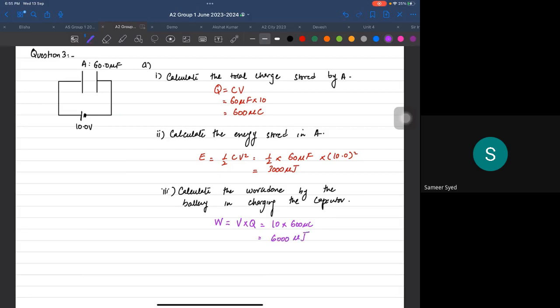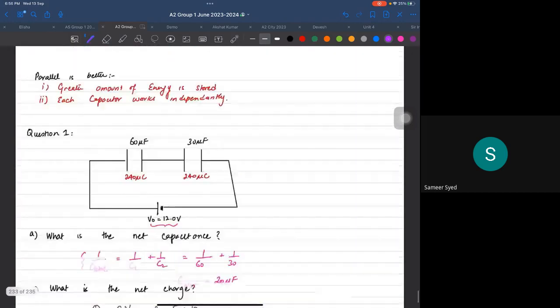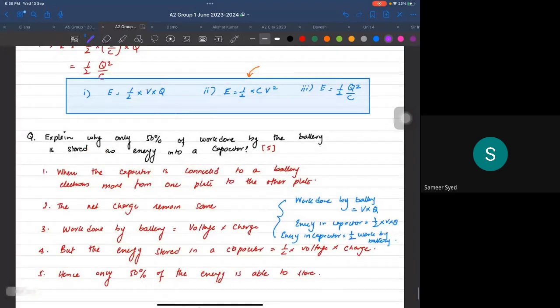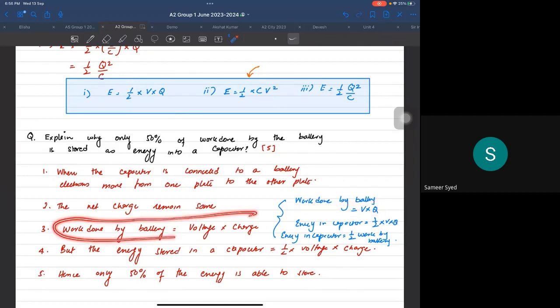Do you guys get it? Now, the point to remember that you guys forgot, only Aisha remembered, is if you go back to the notes, I wrote here that the work done by the battery is V times Q, as you can see.